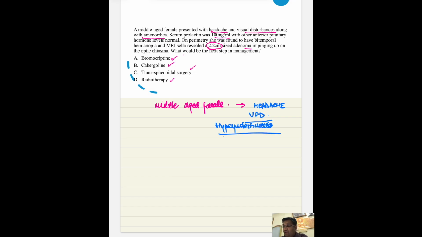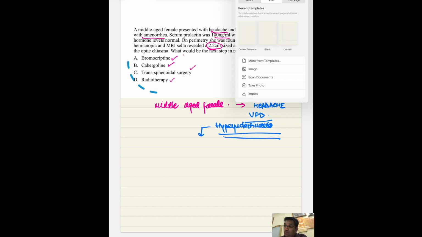What we need to understand is the etiology of hyperprolactinemia in this case. If prolactin is increased, we need to find out what the cause is.